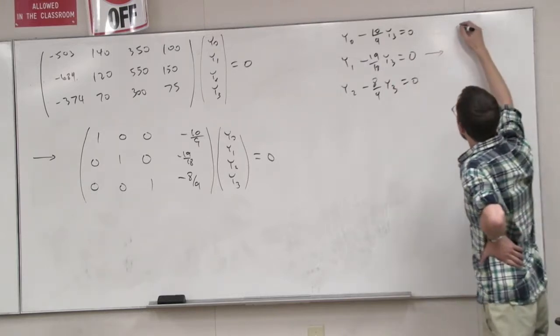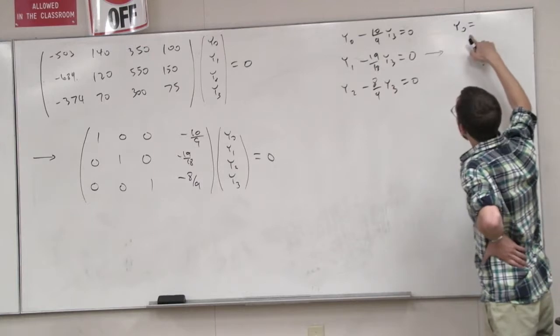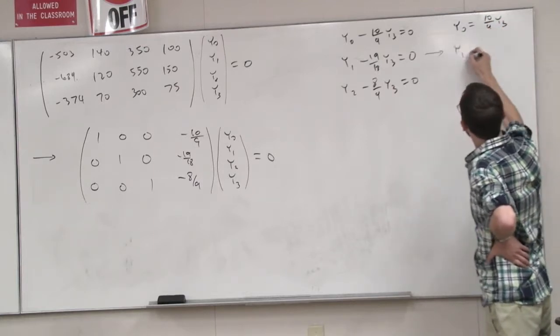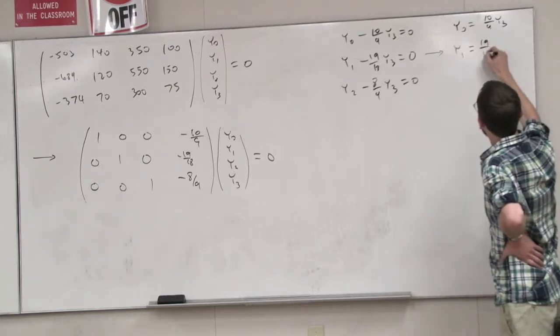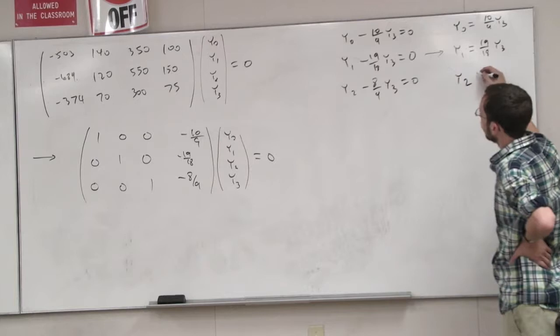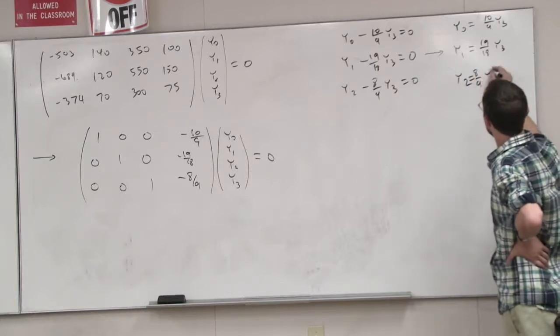And this, of course, is equivalent to y0 equal to 10/9 y3, y1 equal to 19/18 y3, and y2 equal to 8/9 y3.